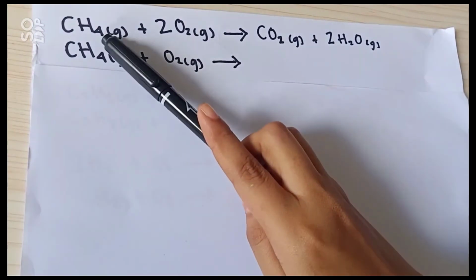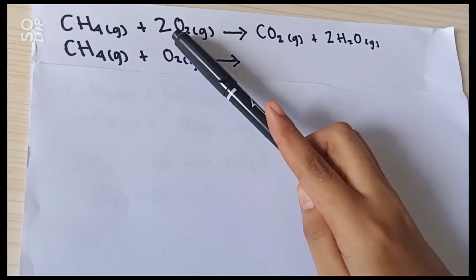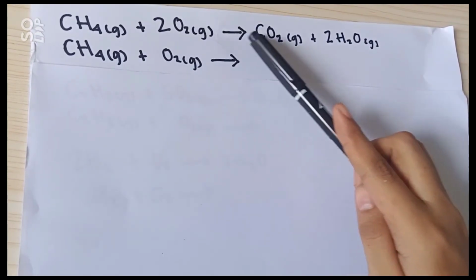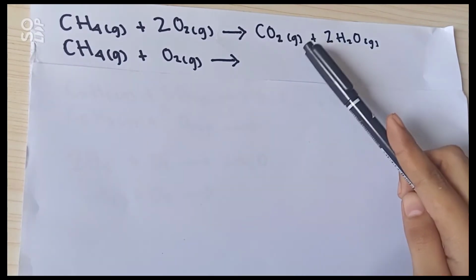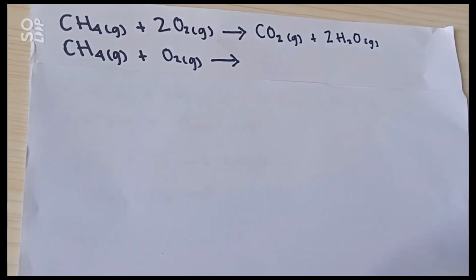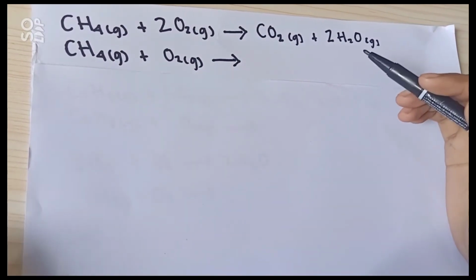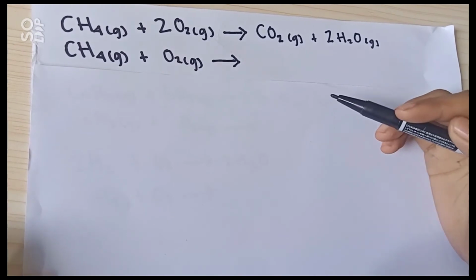First example is CH4 gas reacting with 2O2 gas to produce CO2 gas and 2H2O gas. As you observe, this equation is already predicted and balanced. So I'll show you how I get this.